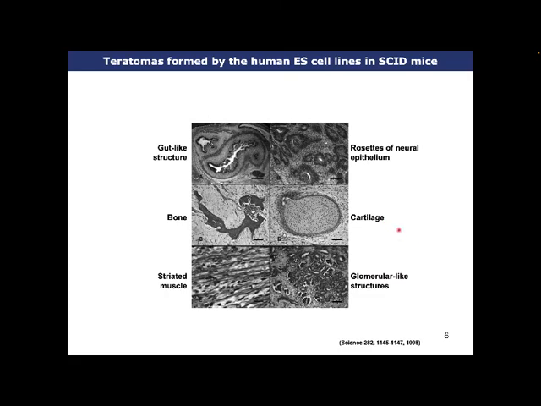And we also discussed this topic in the previous lecture. If we transplant these isolated stem cells into the mouse testicle, we can perform the teratoma assay, and these ES cells form the teratoma, which consists of tissues derived from all three germ layers, such as gut, which is endoderm derived, and neural epithelium, which is ectoderm derived, cartilage and bones are mesoderm derived, and those cells are all mixed in the teratoma.